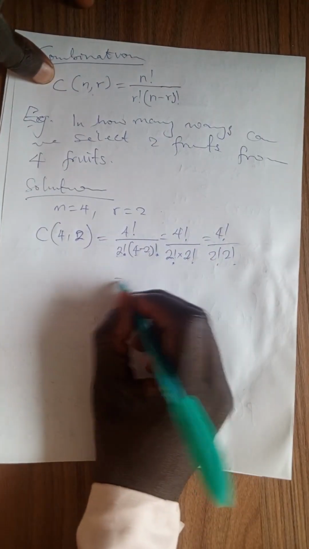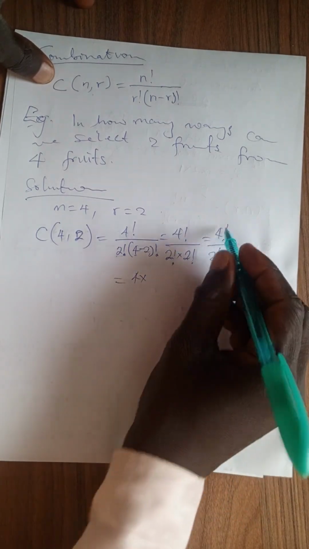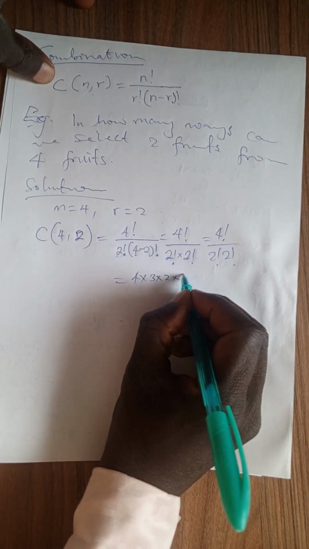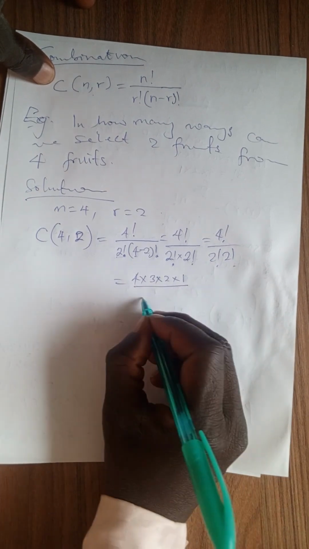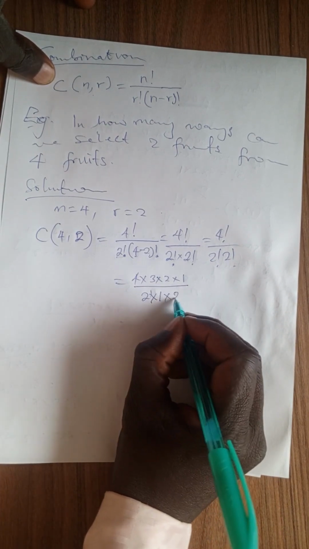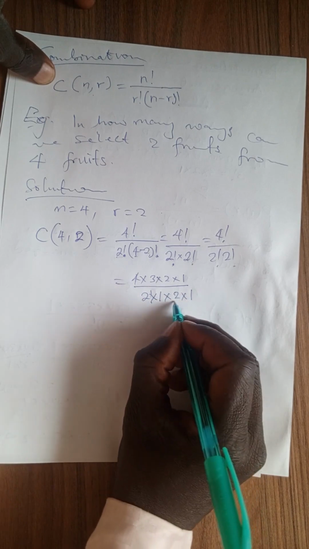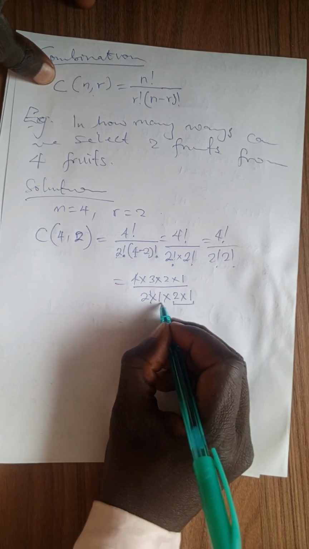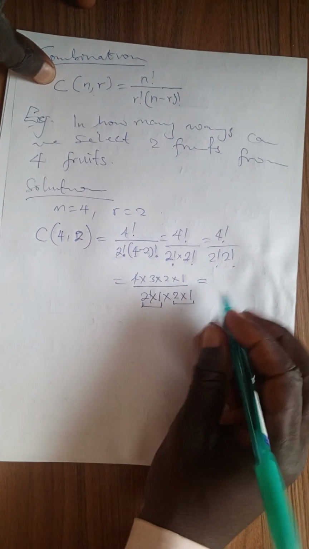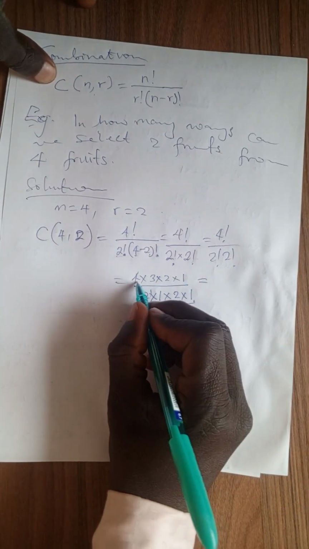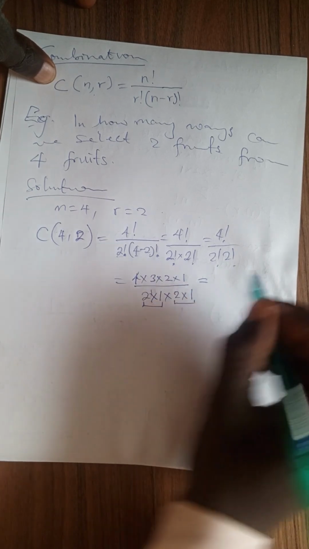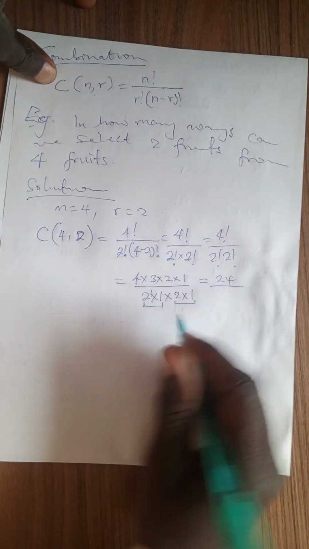And this is equal to 4 times 3 times 2 times 1 divided by 2 times 1 times 2 times 1. This is for the second factorial and this is for the first factorial. So 4 times 3 is 12. 12 times 2 is 24.